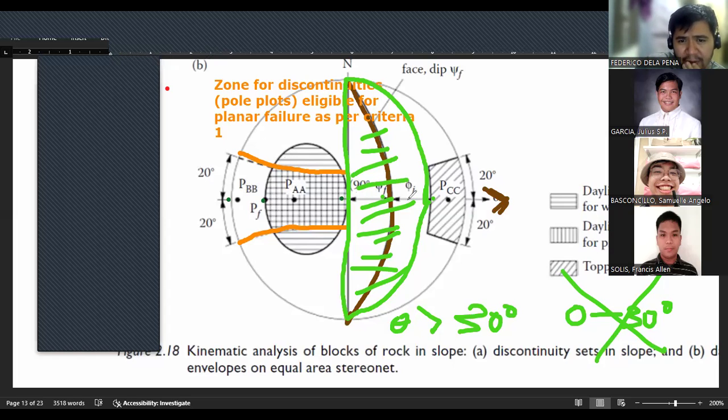How would that look? It would be somewhere between 30 and 90. So this is 90, this is like 60, this is 30 in the pole plot.